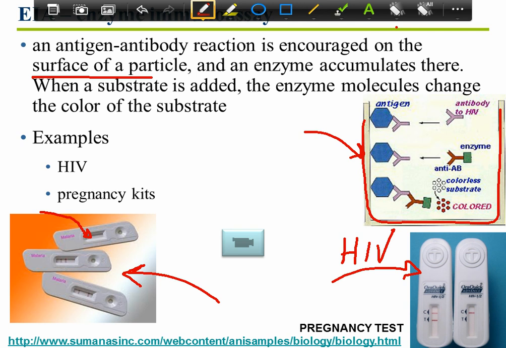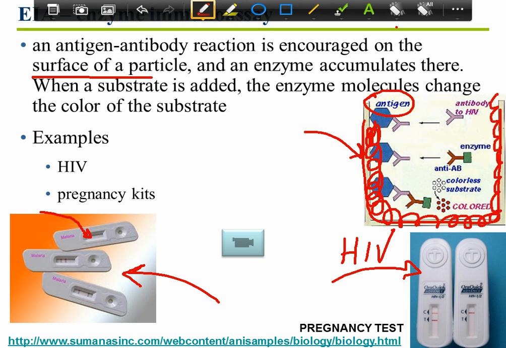In the case of HIV, another way to do it is with these little plastic wells. So, for example, here is an HIV antigen, the blue thing. It's coated onto the sides of a little plastic well, like that.